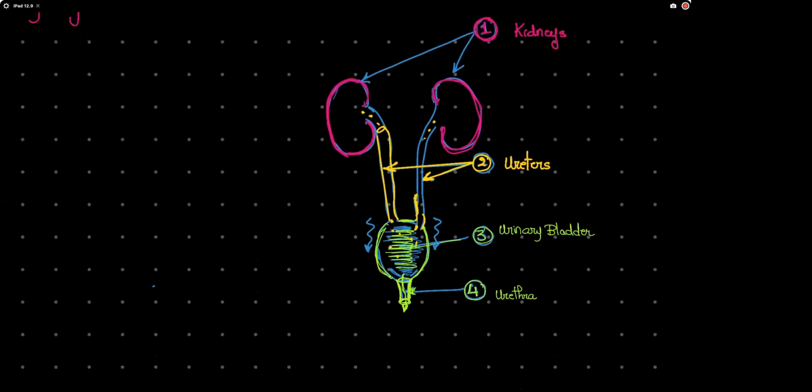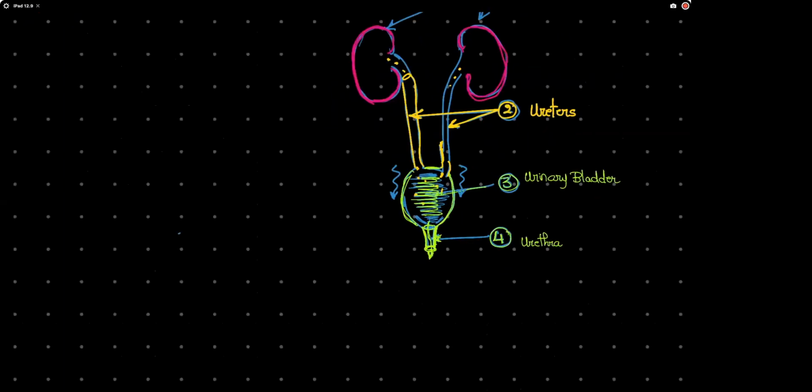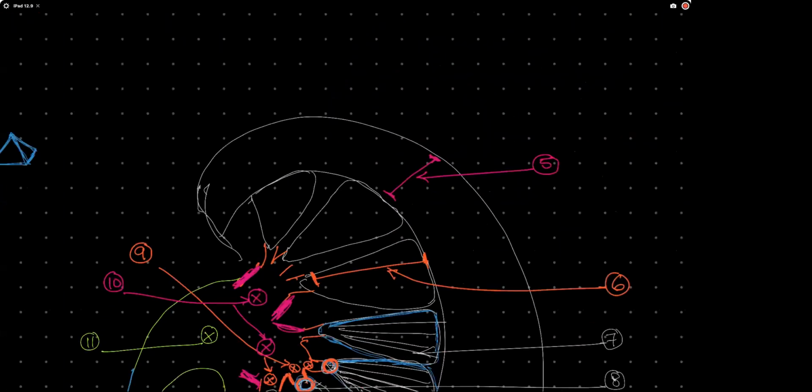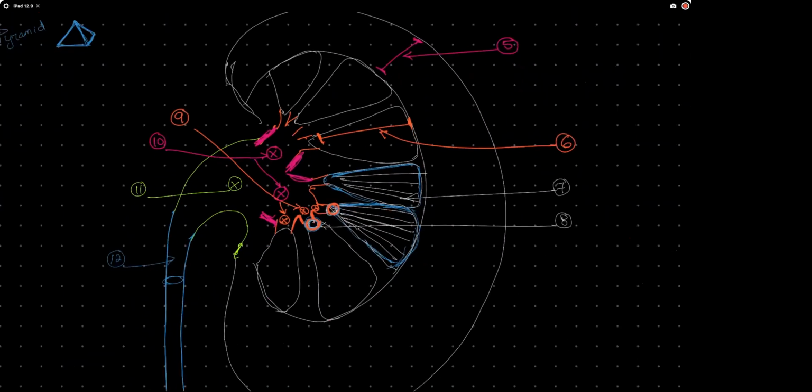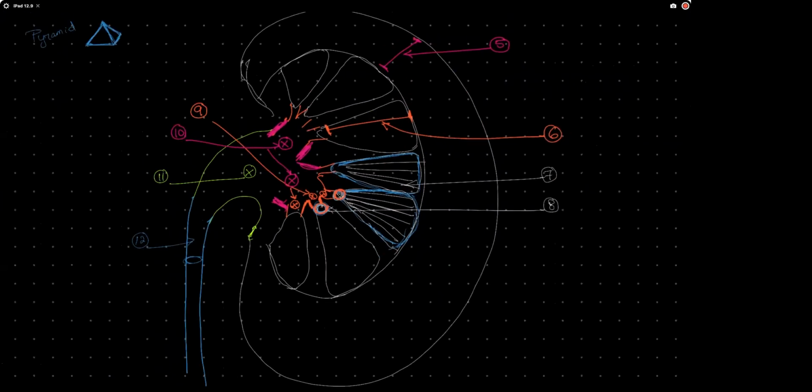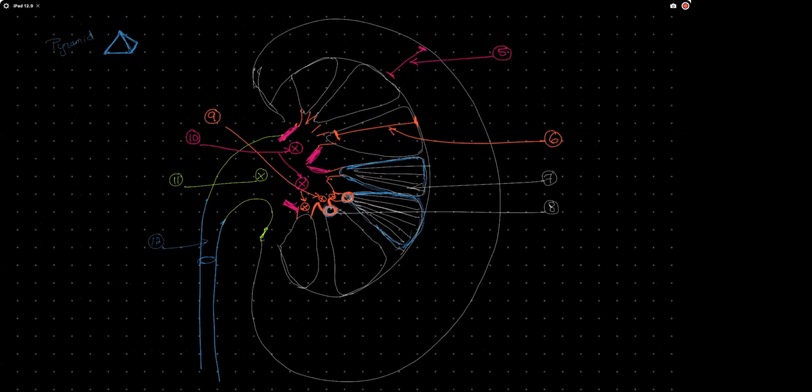All right, so now looking at a sagittal section of the kidney. How does the sagittal section of the kidney look like? You can see on here a sagittal section of the kidney. You can see that the kidney is formed of two layers, an outer layer, this is number 5, and an inner layer, number 6.